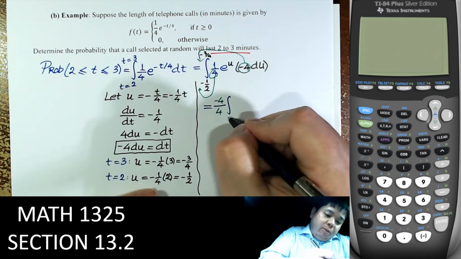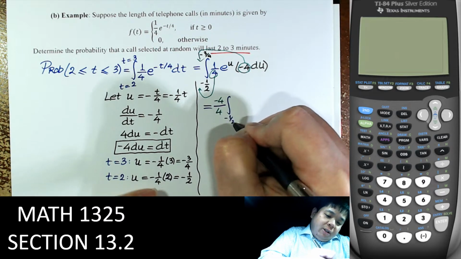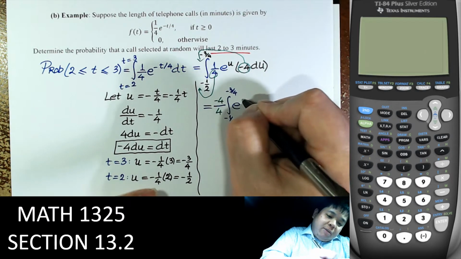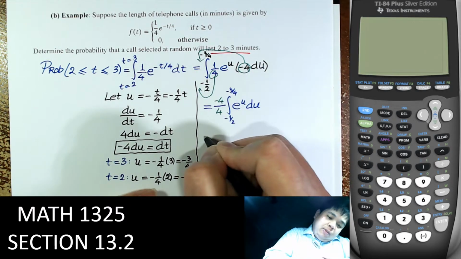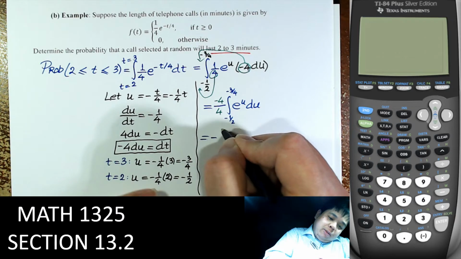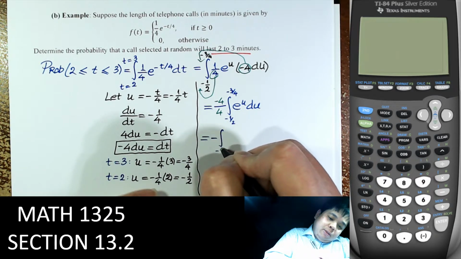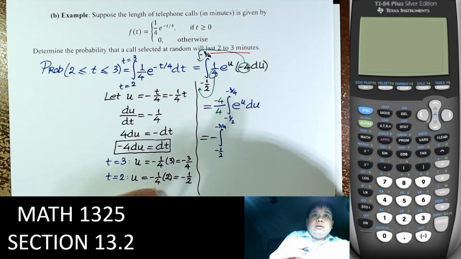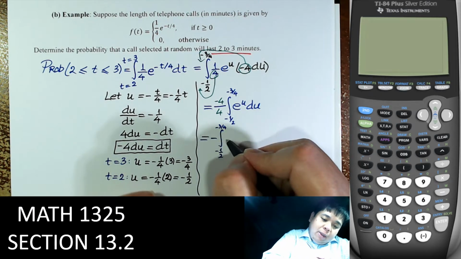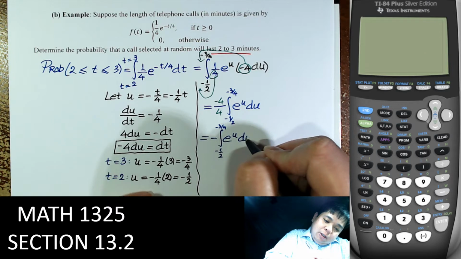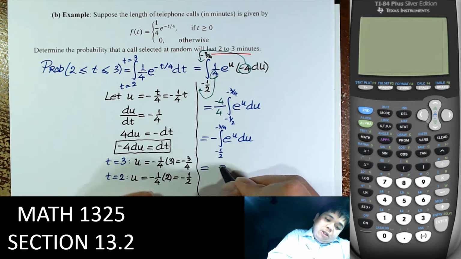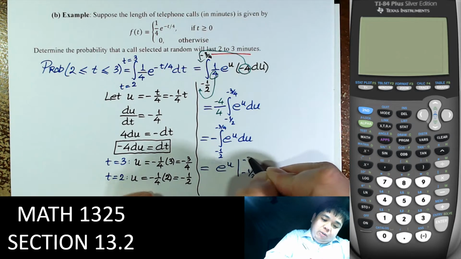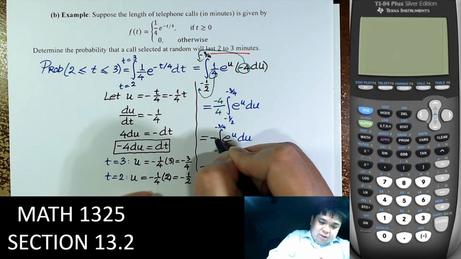Now we go from negative 1/2 to negative 3/4, and what's left is e to the u du. The integral of e to the u is e to the u, so we go from negative 1/2 to negative 3/4. Of course I forgot the negative, sorry.